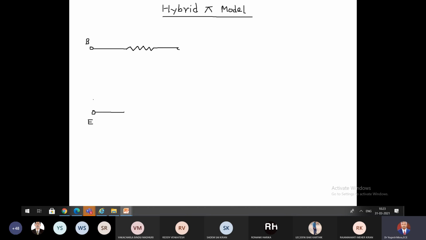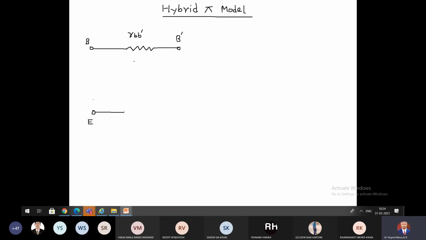This point is B dash, and this resistor is RBB dash.